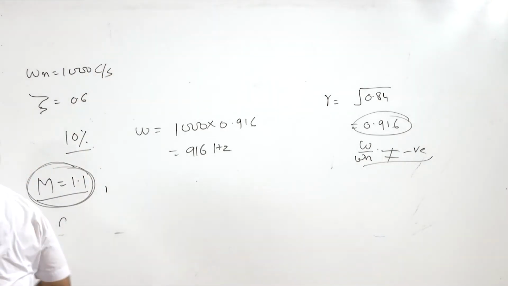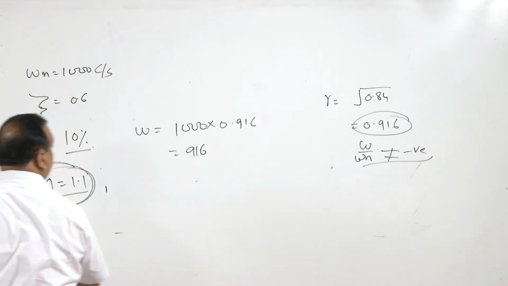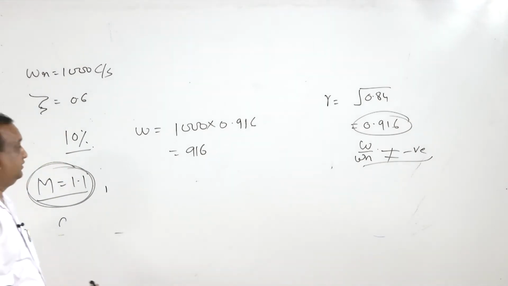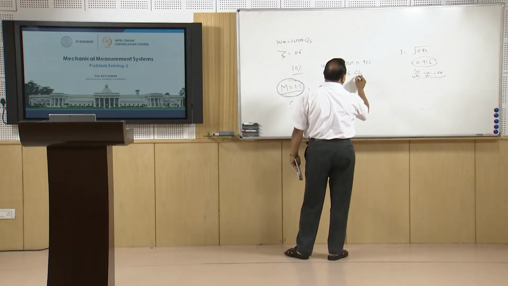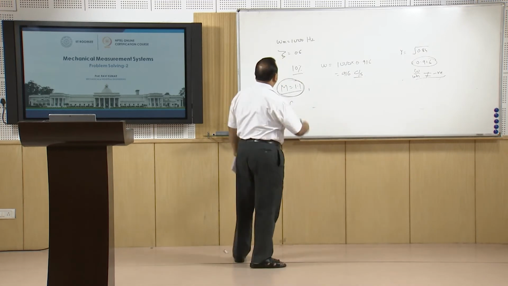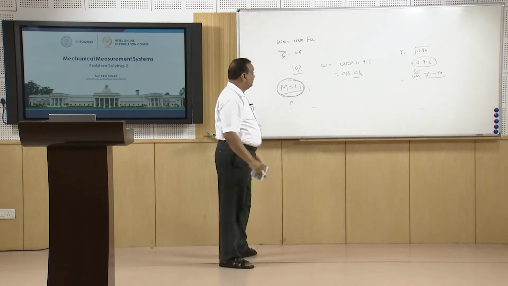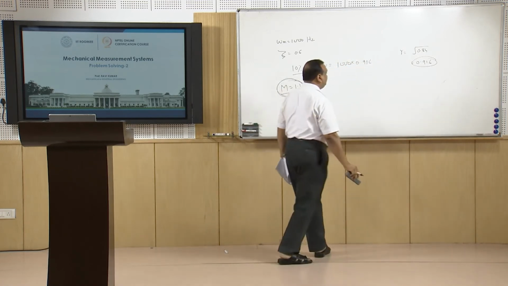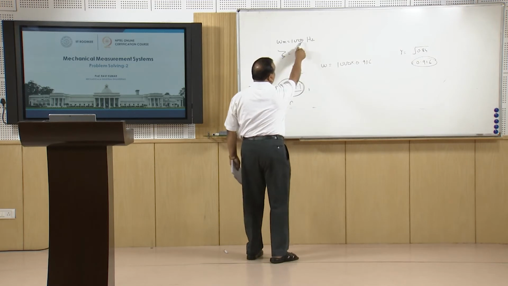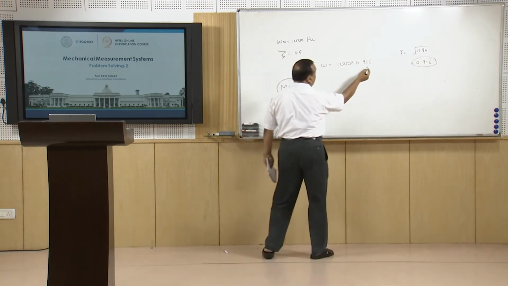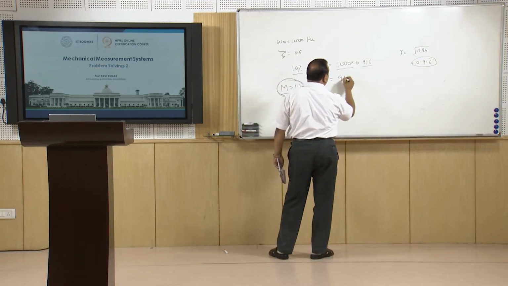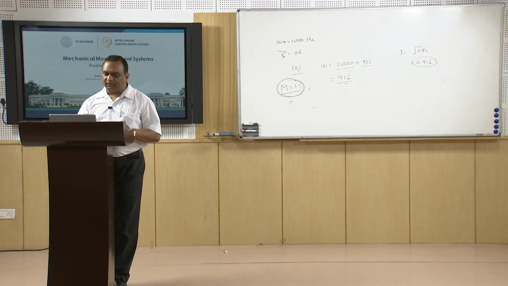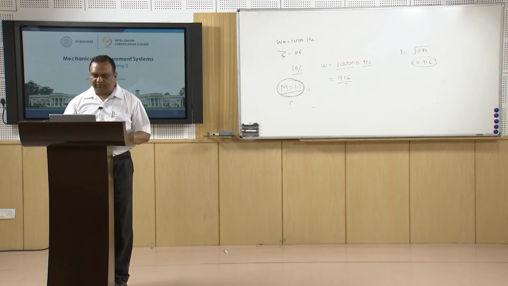So it is 916 cycles per second. Omega n is 1000 hertz, so this 0.916 is multiplied by hertz and we are getting 916. So this is the answer for this numerical.